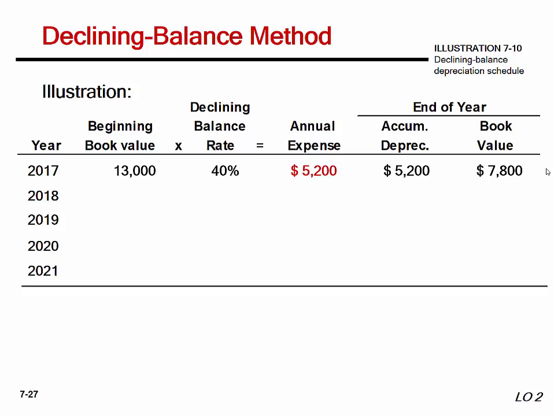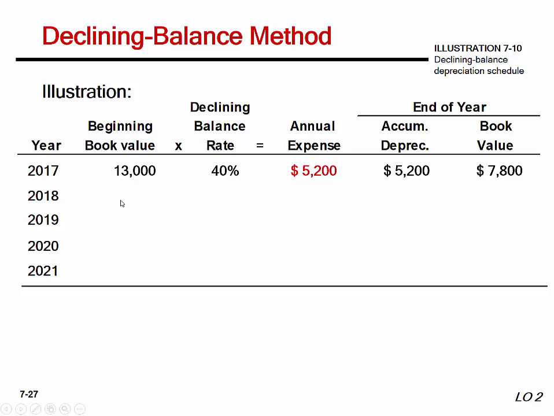We saw on the prior slide that when we do this declining balance method, we are going to apply this new rate, double the straight line rate, against book value. So if you wanted to plug this into an Excel spreadsheet, this 7,800 is the equipment, net or book value at the end of year one.